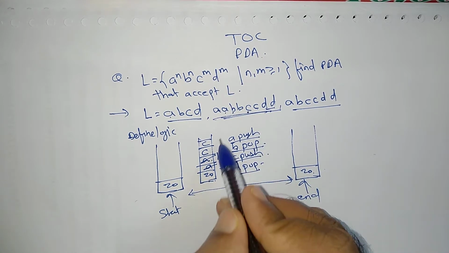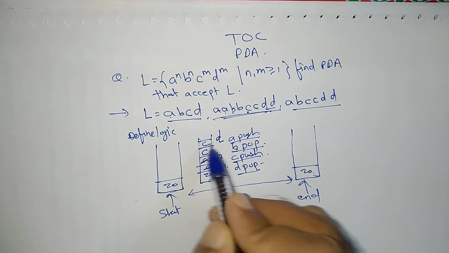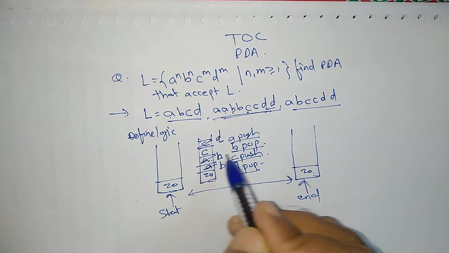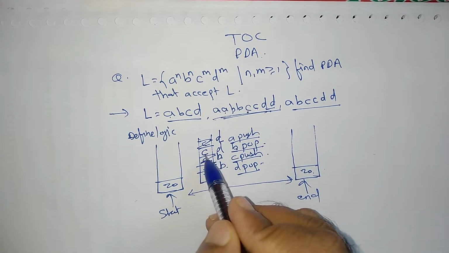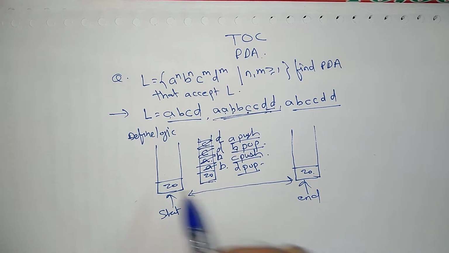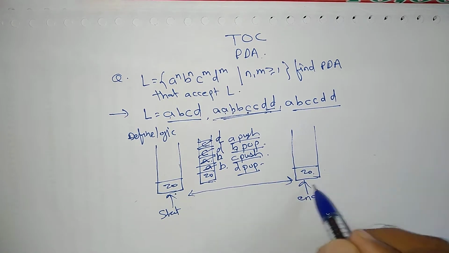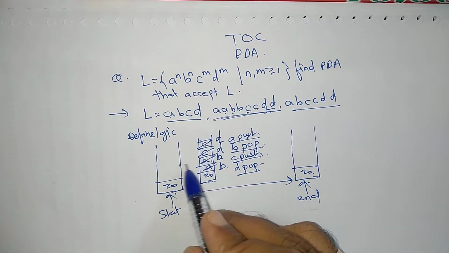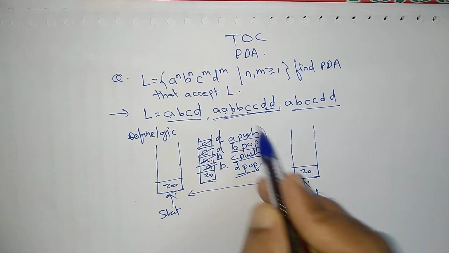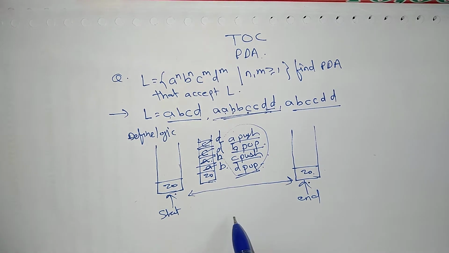Whenever D comes and the top of the stack is C, I am going to pop the C. Whenever D comes, top of the stack is C, pop that C. That means I started with Z0 in the stack, I ended with Z0, and I applied all the conditions: A push, B pop, C push, D pop. All the conditions are implemented and successfully performed.